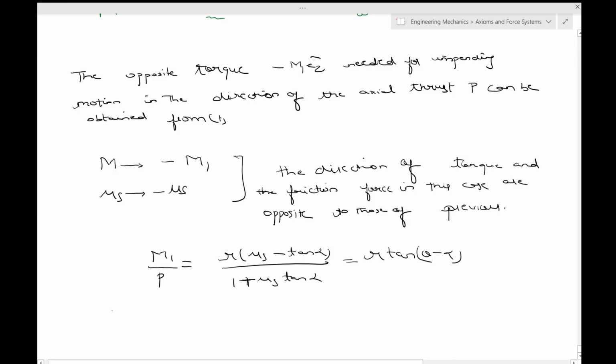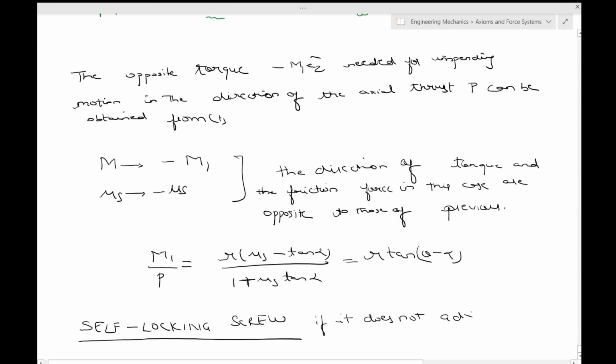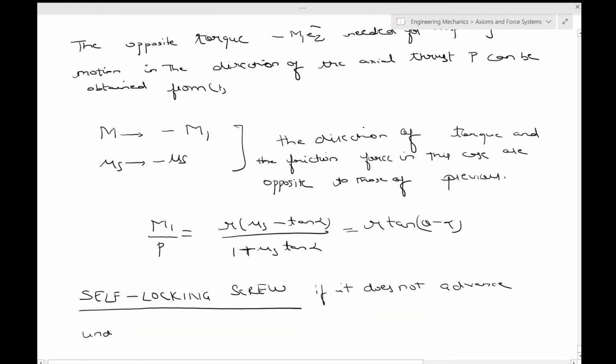So we have a self-locking screw: it does not advance under P in absence of M1.